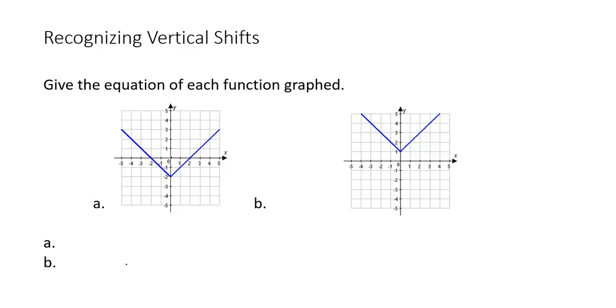So over here, the graph of absolute value of x was originally right there. It shifted down 2 units, and whereas here the graph, it's a rough graph, of y is equal to absolute value of x is shifted up 1 unit.